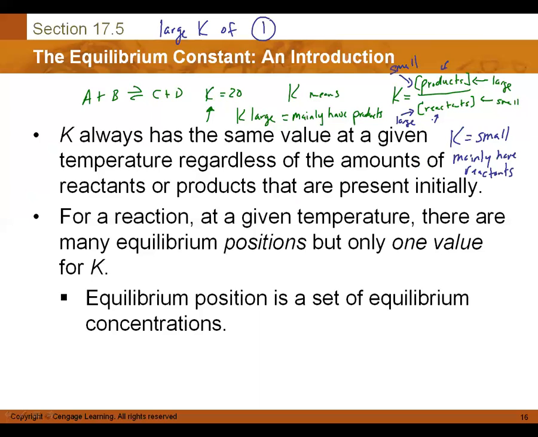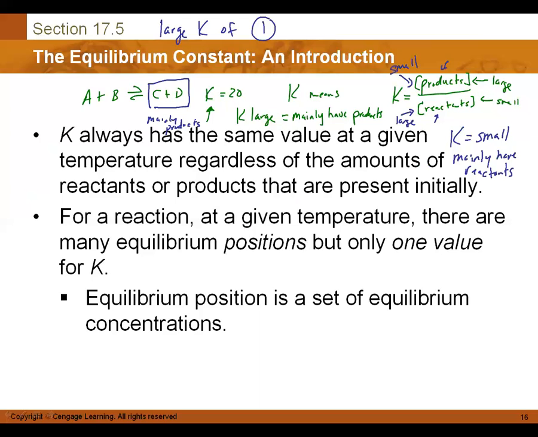So in our made up one here, where we have an equilibrium constant of 20, what that essentially means is when we reach equilibrium, we would expect to have mainly products. 20 is a pretty large value of K. And we would expect that when we do reach equilibrium, we would have mainly products there.